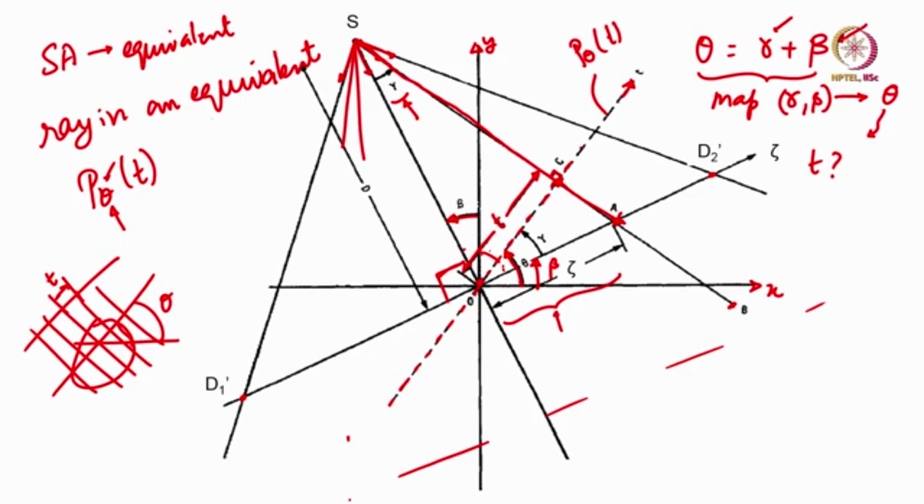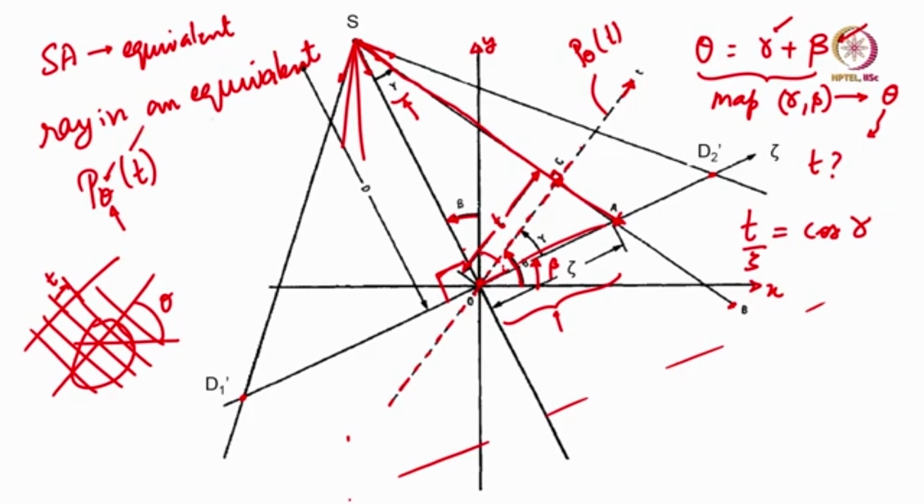So, you need to know what t is, and how do you do that? You write t by zeta, t by zeta is cos of gamma in this triangle. You have t, you have zeta, t by zeta is cos gamma. So, now you know which t to map to.